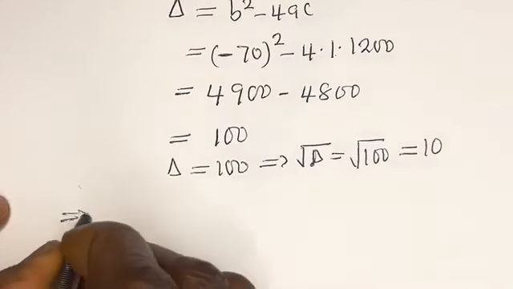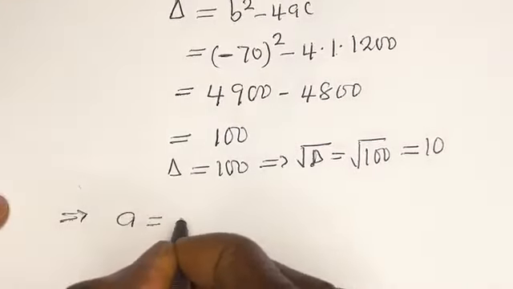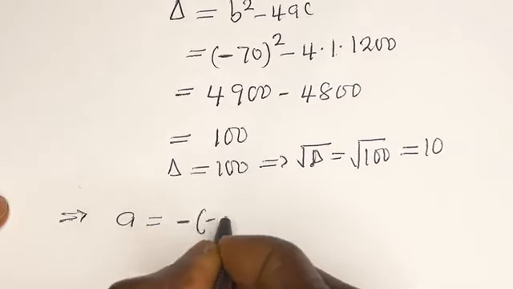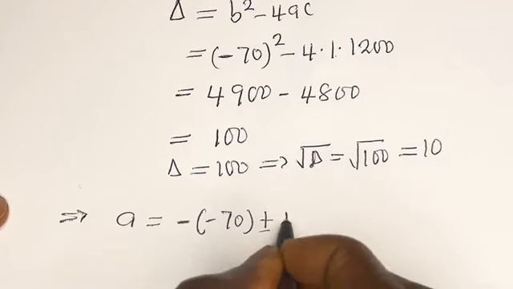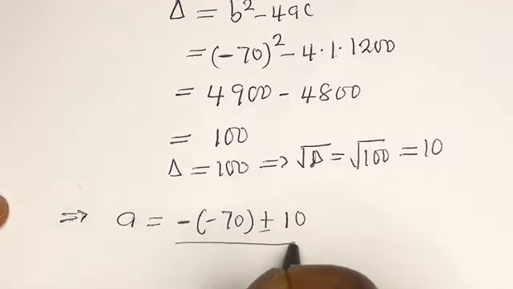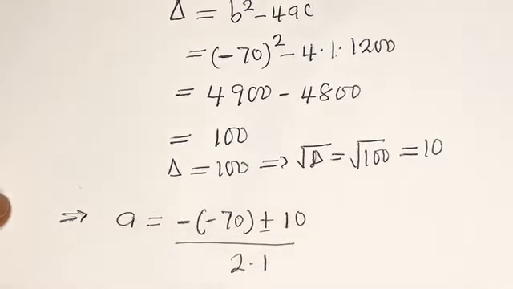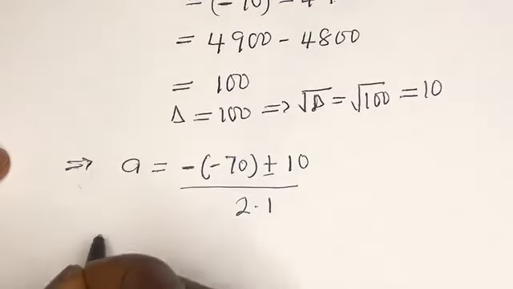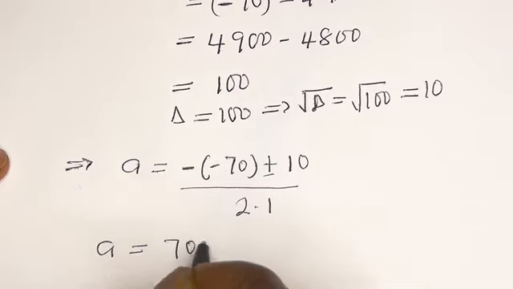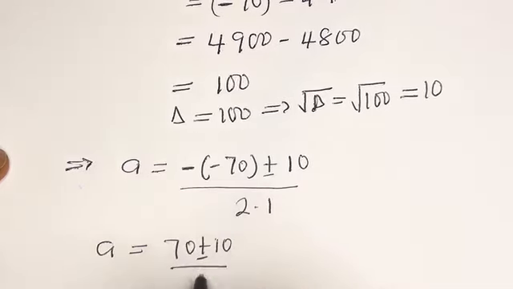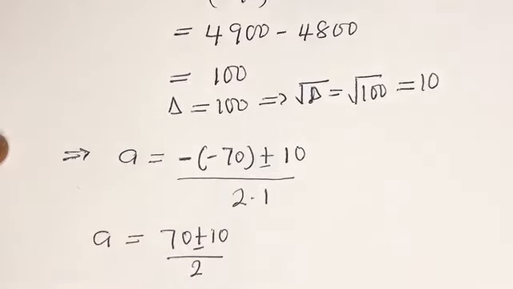Therefore, A is equal to minus bracket minus 70 plus or minus 10 over 2 multiplied by 1. A is equal to minus times minus 70, this is 70 plus or minus 10 over 2 multiplied by 1, that is 2.